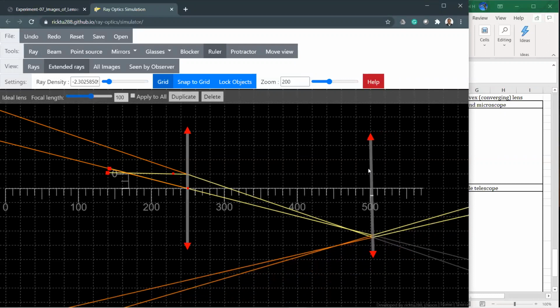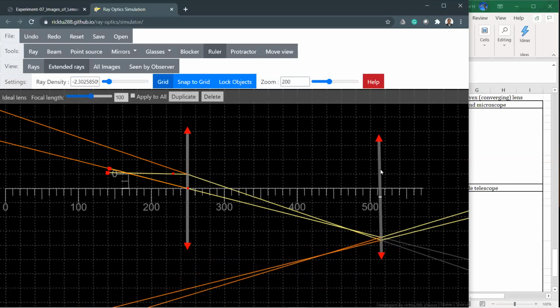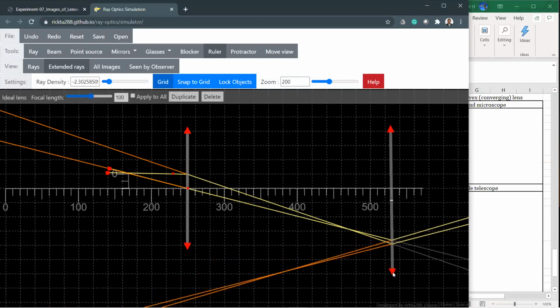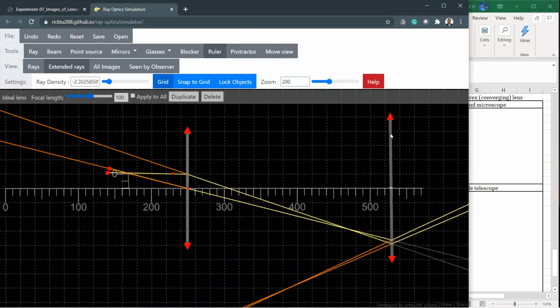Now you can see, depending on where I place this second lens, I can make the final image much bigger in size, right? So let's elongate this one a little bit.